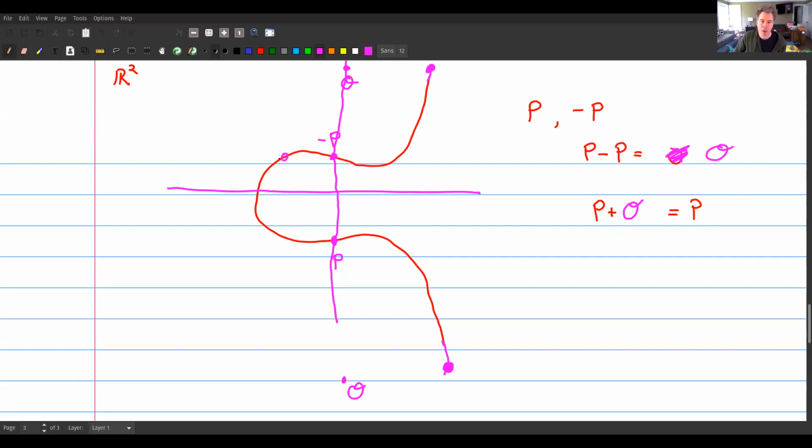Let's see. So let's say P is here, and let's put O up here, and now I make a line connecting those, and I hit the curve at a third point, but then I reflect across the x-axis to get back up there, and it's true. P plus the identity element is equal to P.